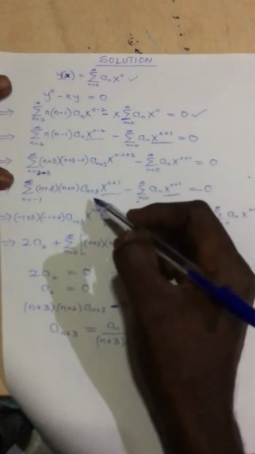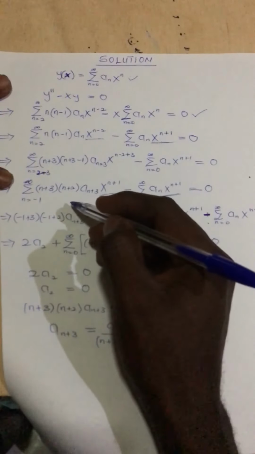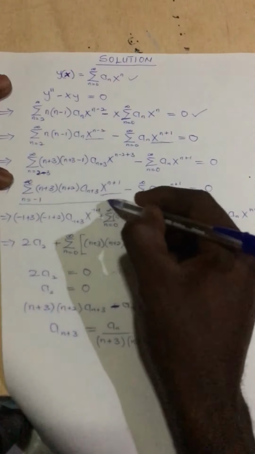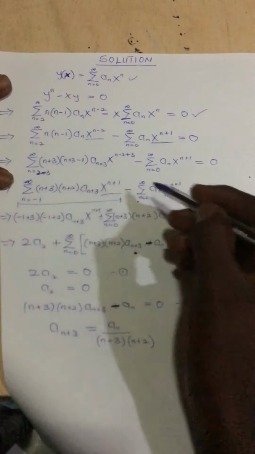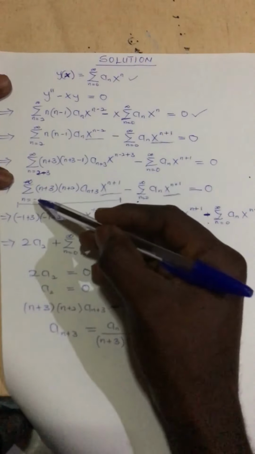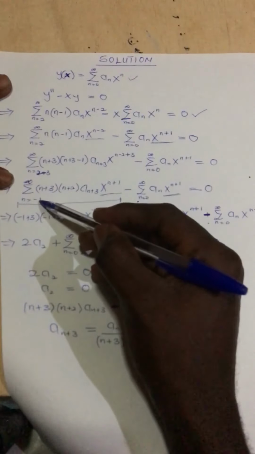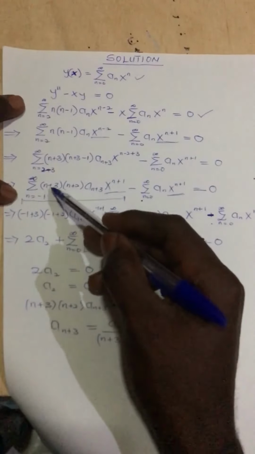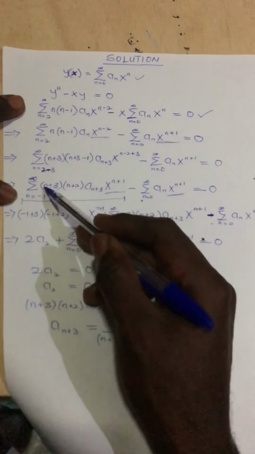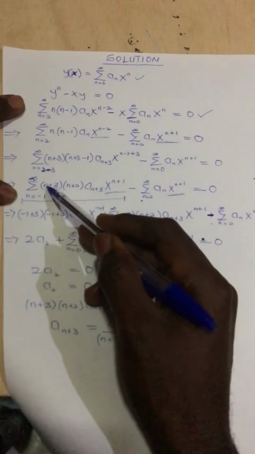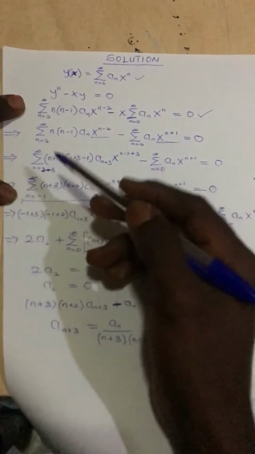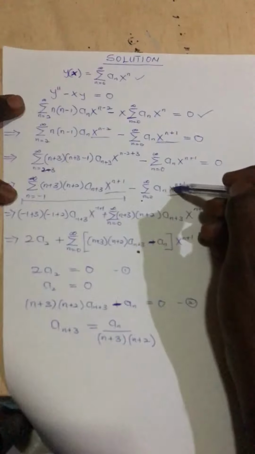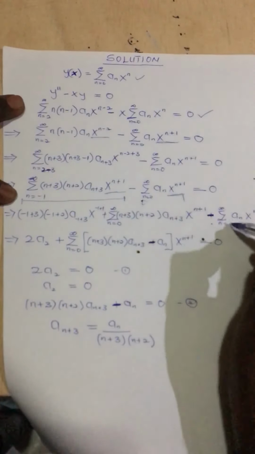What we are going to do is extract our first term from this power series. Are we okay? We are going to substitute negative 1 into the series. When we substitute negative 1, wherever we see n, we replace the n with negative 1, and we still maintain our power series here.